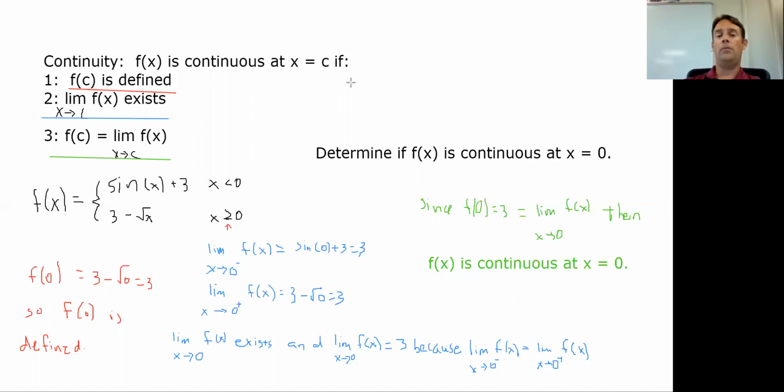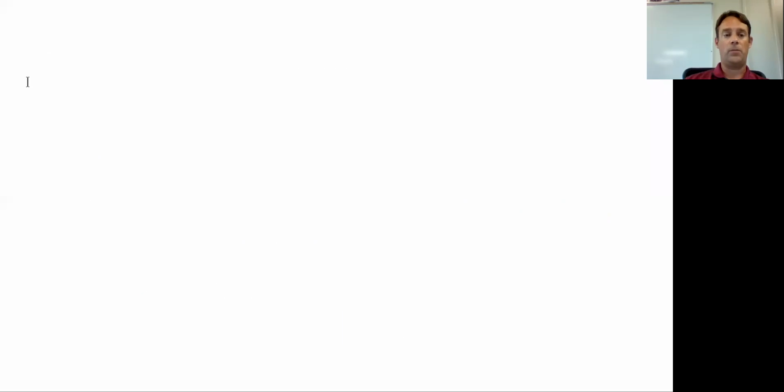So we said before that there are two different types of discontinuity. If it's not continuous, so we want to prove things continuous, but sometimes they're not continuous. And that brings us to the types of discontinuity. And we've talked about this already. We had two types.